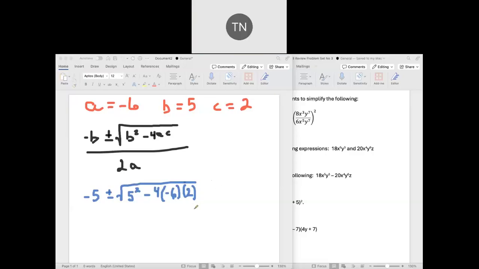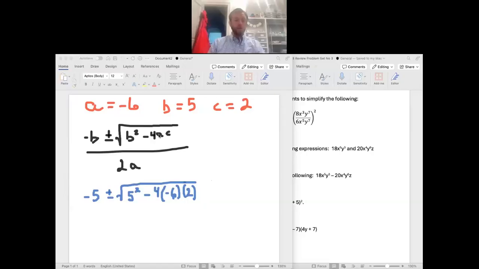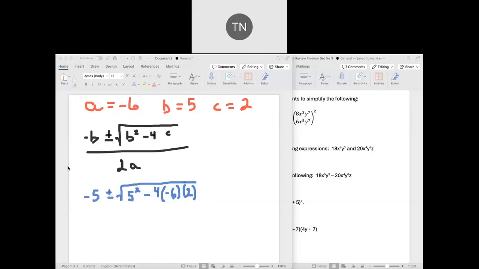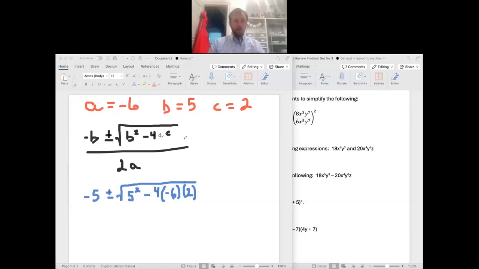So after the 4, is that an a? It is supposed to be an a. Okay, now the bottom, all of that divided by 2, and then plug in your value for a.